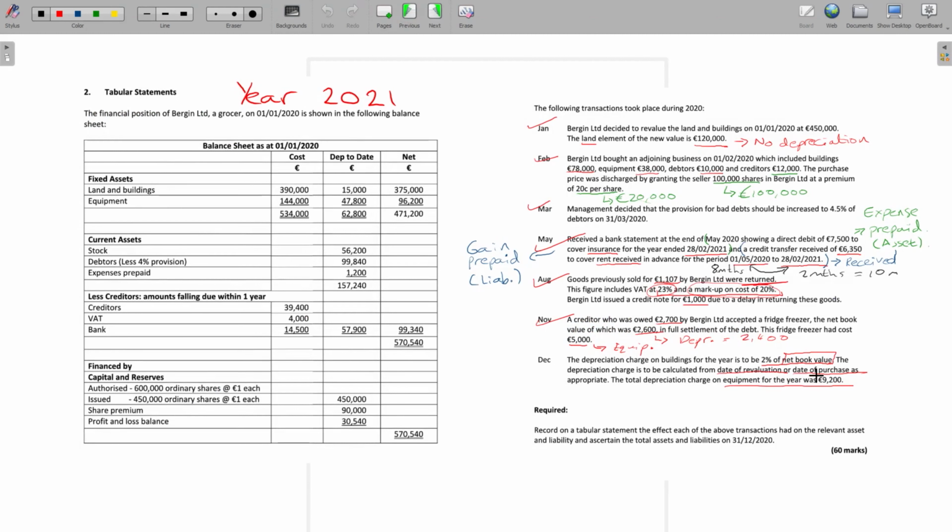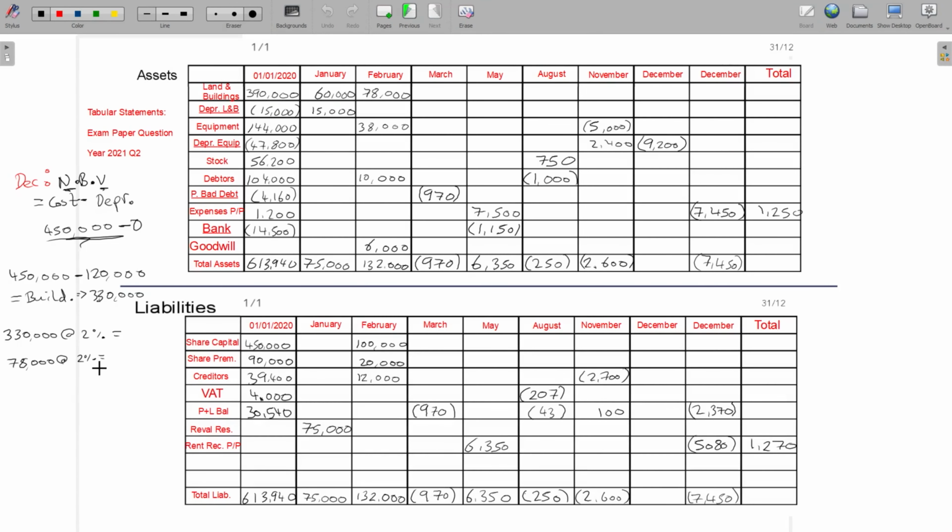Depreciation charges to be calculated on the date of purchase. So that means we only want 11 of the 12 months. Because we're not including January because we didn't own it in January. So why would we? Its value on the 1st of February already took into account its depreciation, so we wouldn't depreciate for another month.